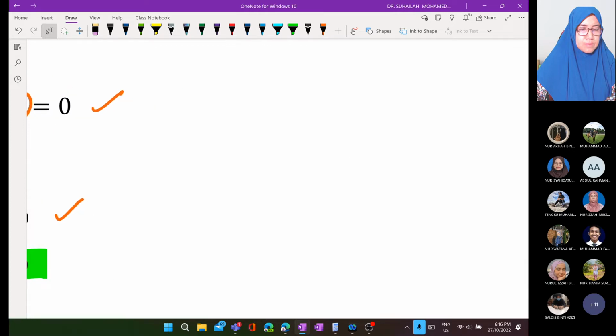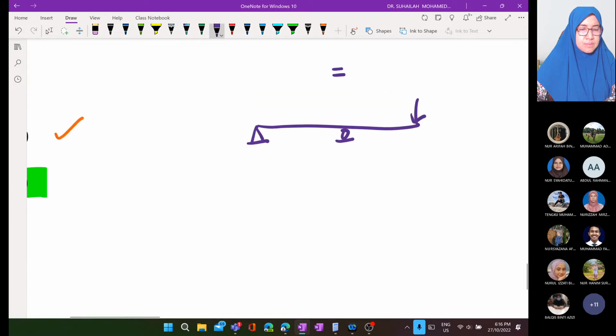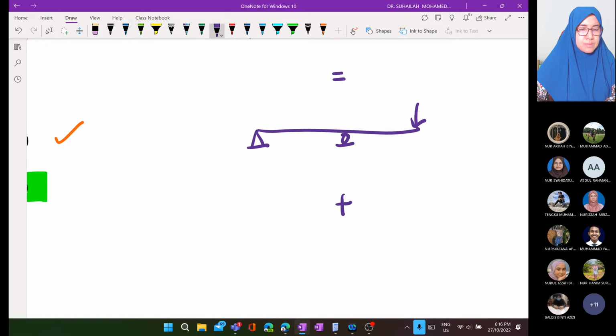For example, if we have this, okay, this is actual. Actual is equal to primary system plus redundant. This is what we had earlier.